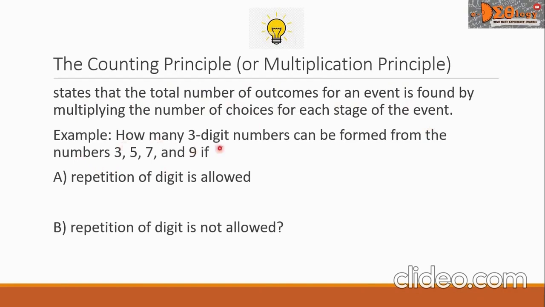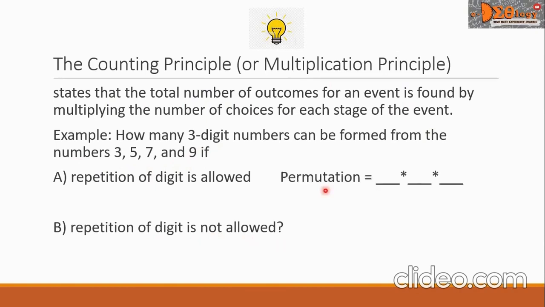How many 3-digit numbers can be formed from the numbers 3, 5, 7, and 9? If, letter A, repetition of digit is allowed. Letter B, repetition of digit is not allowed.